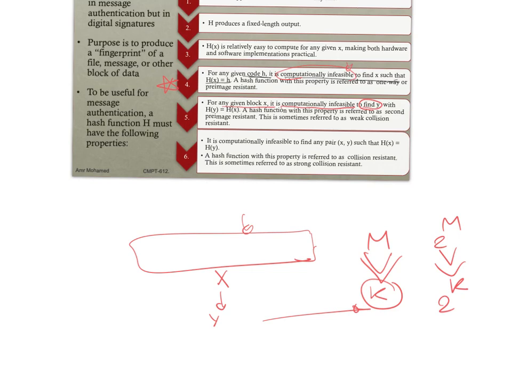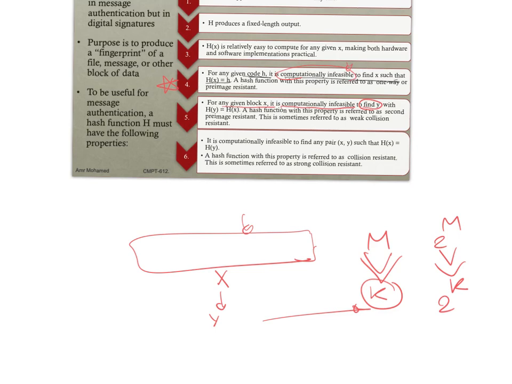Theoretically, yes, but this should be as hard as possible. If I give you a message X, then what you will think about is, let me try to rearrange the message in a certain way such that the hash value is the same. Can you do that? We'll talk about a very, very simple example for this that will make this clear.